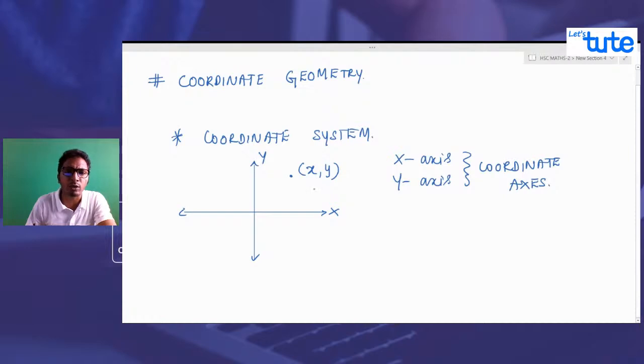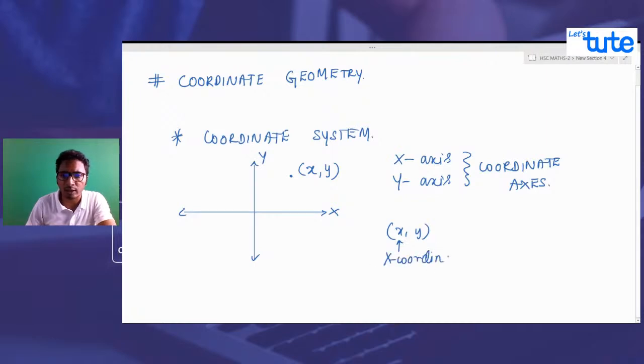Therefore any point on the coordinate plane, in two-dimensional geometry, is given with respect to the x-axis and the y-axis. So the point is represented by x comma y. In any point x comma y, the first one is always the location of the point with respect to the x-axis. Therefore that is called the x coordinate.